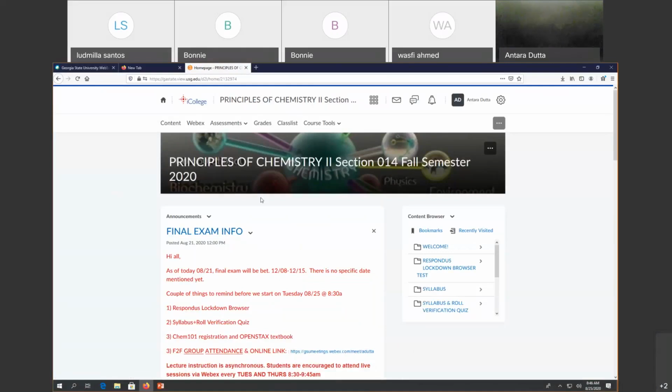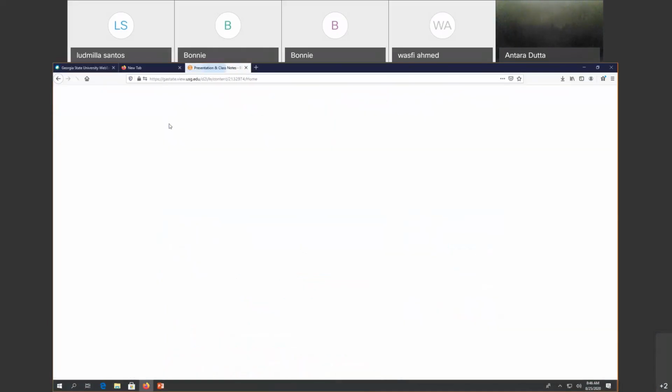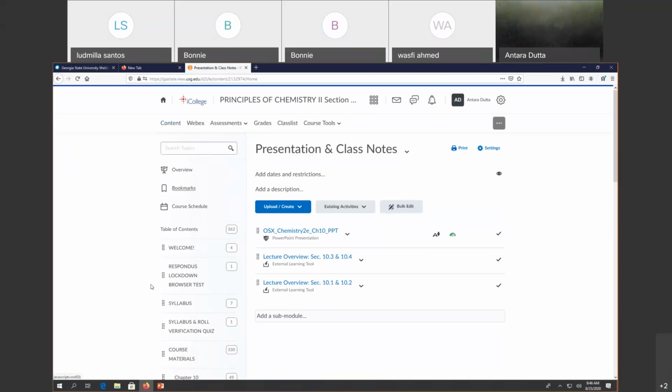This is our course. And if you click on the content, the first thing that you should know, I don't know if you have taken a course since summer. Since summer, Georgia State has put this new restriction that every science student has to take all the exams and quizzes, any course assessments, using Respondus Lockdown Browser.